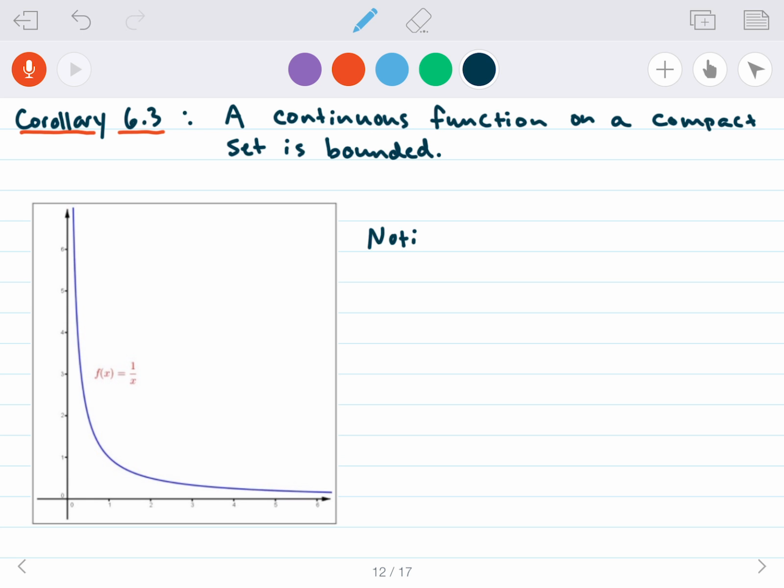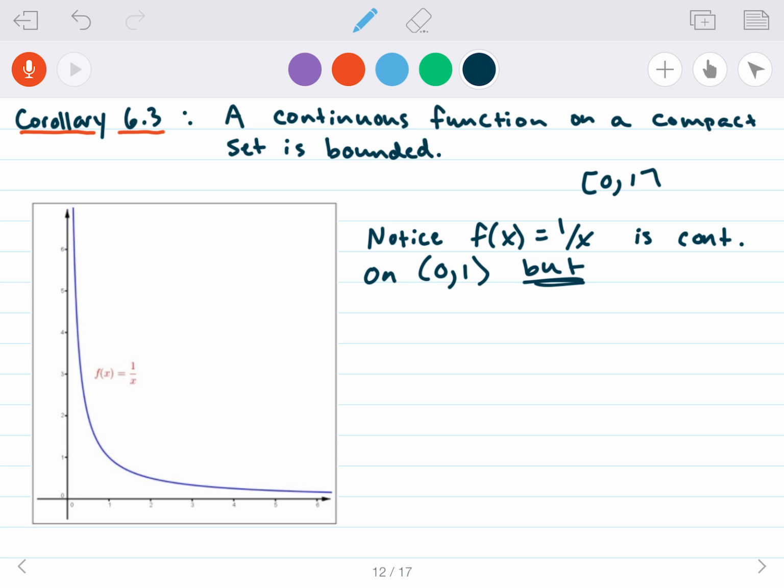So notice that this function is continuous on the open interval 0, 1. But as we talked about in chapter 5, any open interval is not compact. All closed and bounded intervals are compact. So like 0, 1 closed would be compact, but the open intervals are not.